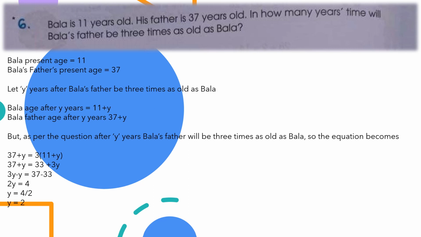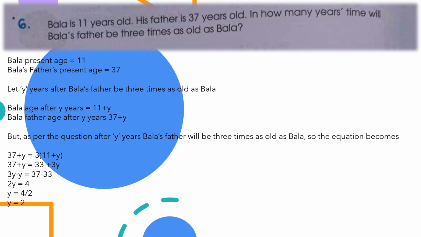Now we assume that after y years, Bala's father will be 3 times as old as Bala. So we are simply going to add these y years to the ages of both Bala and his father. So we have Bala's age after y years is 11 plus y, and Bala's father's age after y years is 37 plus y.